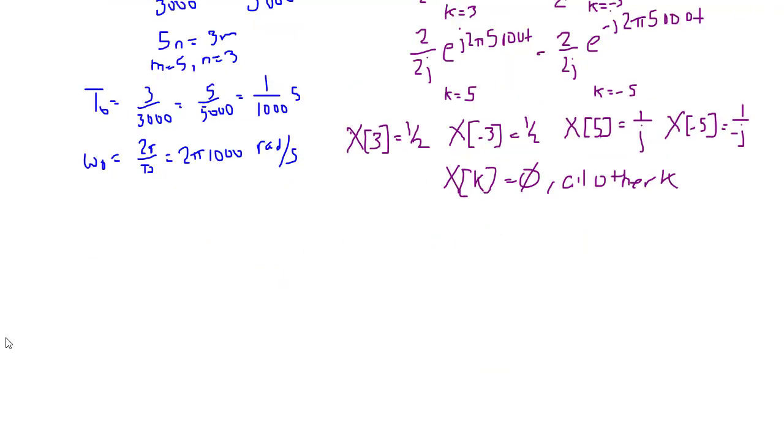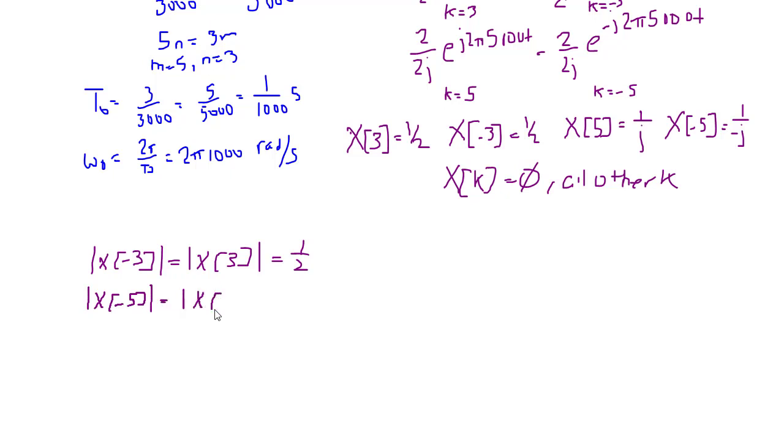To make the magnitude and phase spectrum, we need to separate our Fourier series coefficients into their magnitude and their phase. So what you'll find here is that the magnitude of x(negative 3) is equal to the magnitude of x(3), which is equal to 1/2. And the magnitude of x(negative 5) equals the magnitude of x(5), which equals 1.